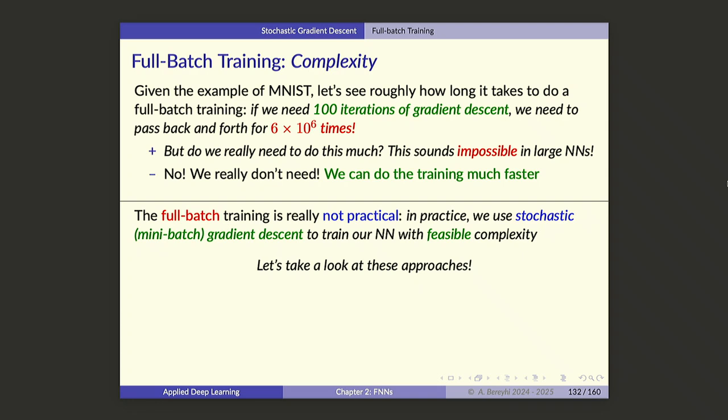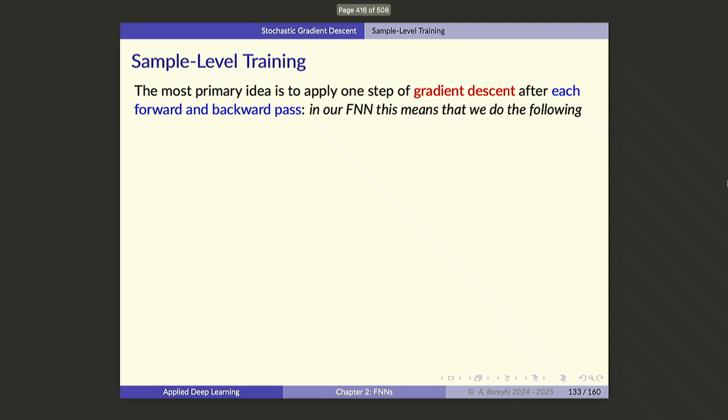We're going to see both of them, right? But the whole idea is that you do know how to compute the gradient. You do know that gradient descent is going to solve your problem. The whole issue is that you're not willing to do this many forward-backward passes in every single iteration, right? So you don't want to do that, and you want to see how you can resolve it.